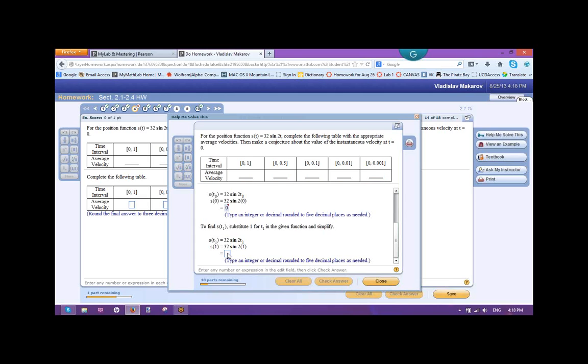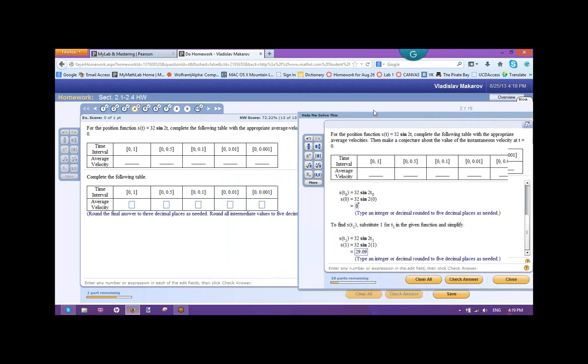Hold on, let's look at it. Look up top. Oh, s of 0 is 0. We knew that. Okay. This is where we want to put in the s of 1, and to 5 decimal places. This will work. We were doing it to 3 decimal places before. I don't know why they say round the final answer to 3 decimal places. They must mean that last question.